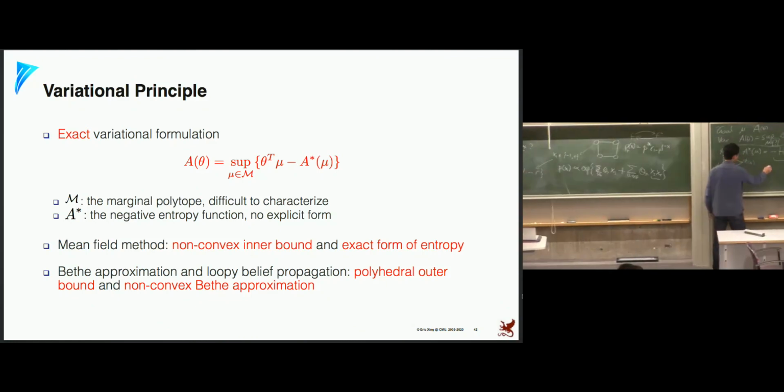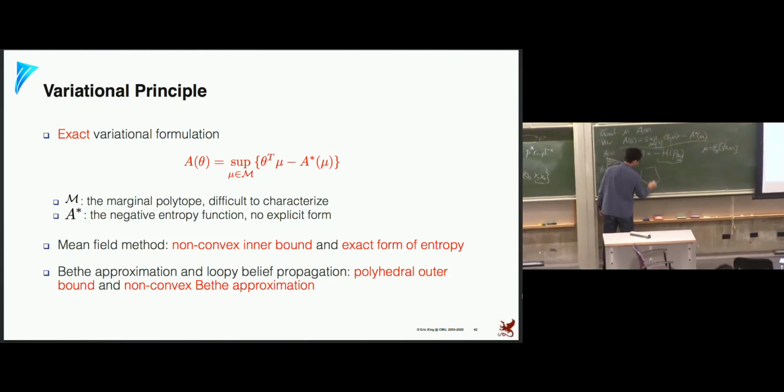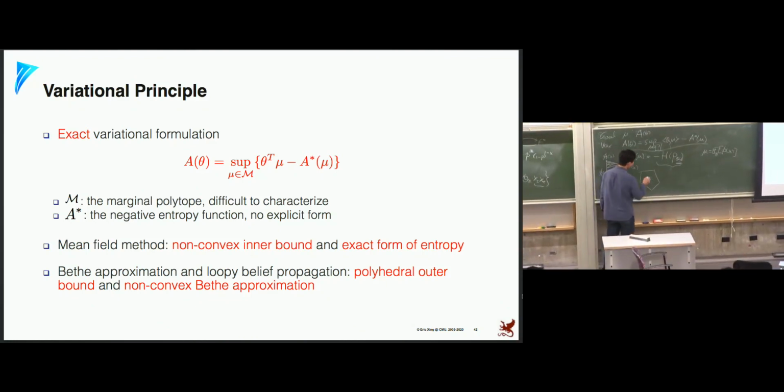If the marginal polytope looks something like this, mean field forms an inner set. Let's call this M hat. What mean field is doing is essentially replacing M with M hat.